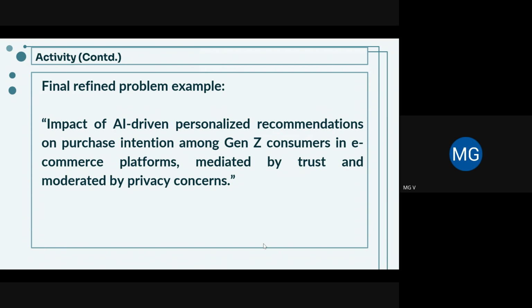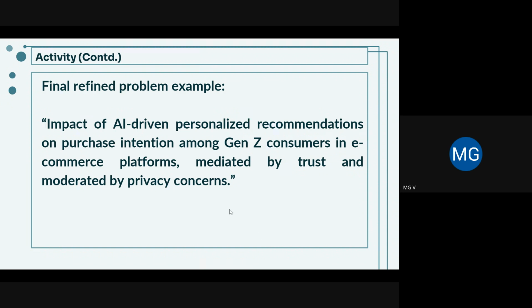And when we have refined, we found that the variables are now very much clear and are defined clearly. Objectives, now what are the attributes? Objectives are measurable now and are researchable. And these also align with Scopus research expectations. So the outcome that we have achieved is structured research direction and foundation for hypothesis development.